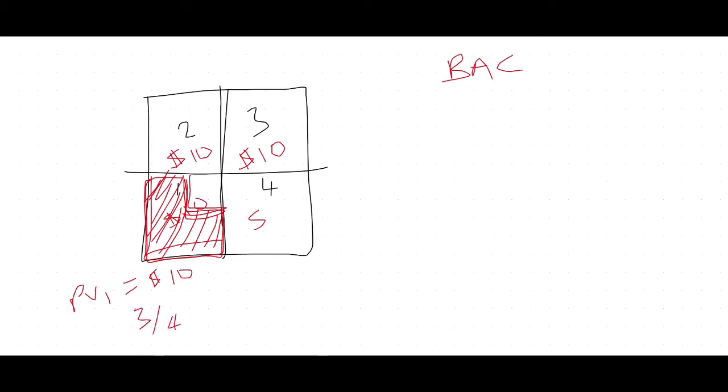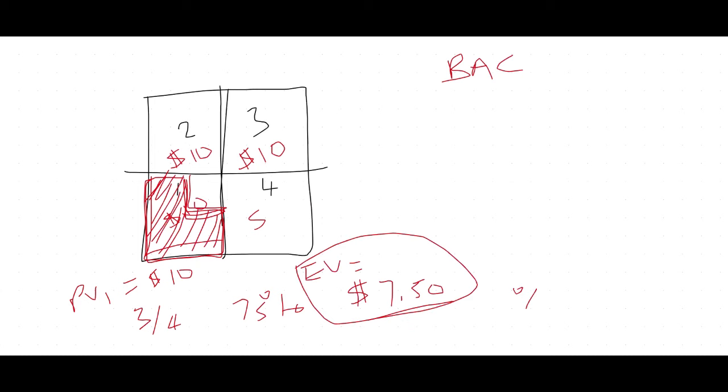What is 75% of $10? $7.50. This means that our earned value, what we actually did, earned value is the percent of the work done times the planned value for that time period, right? So if you do that, you're going to end up getting $7.50 for the earned value.